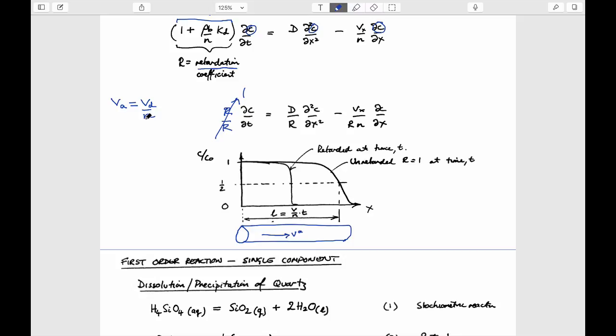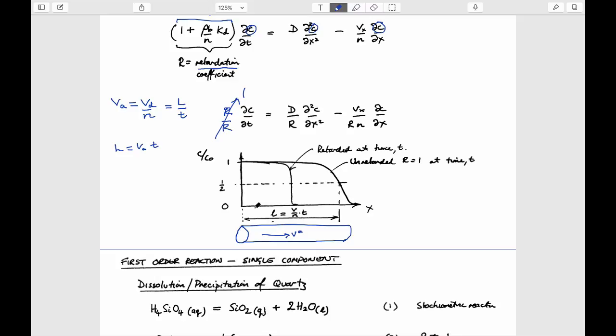Darcy velocity is a bulk flow. Advective velocity is the time it takes for a molecule to go from the upstream to the downstream, so it's important to make that distinction. But since velocity is equal to length over time, then the length traveled in a given time is just going to be equal to the advective velocity multiplied by that time.